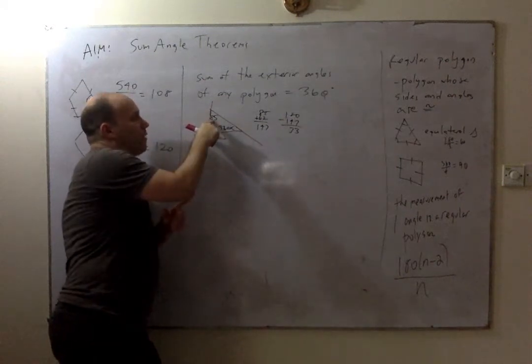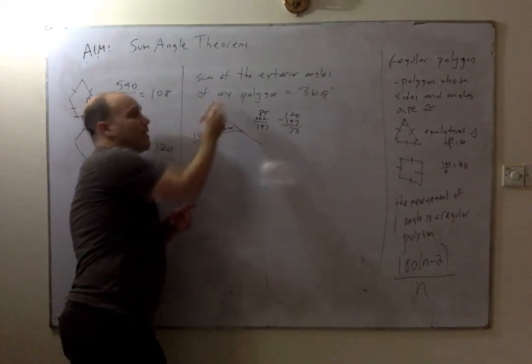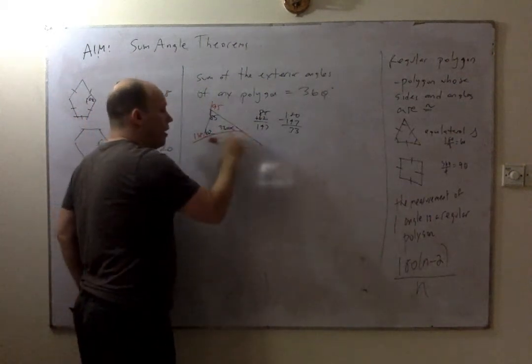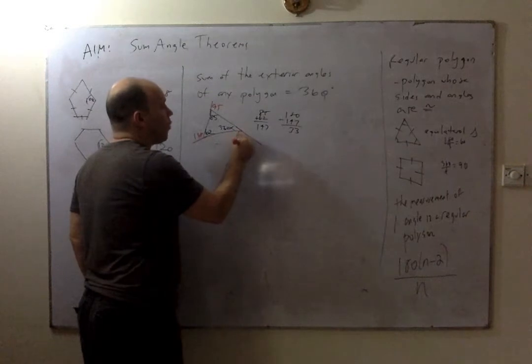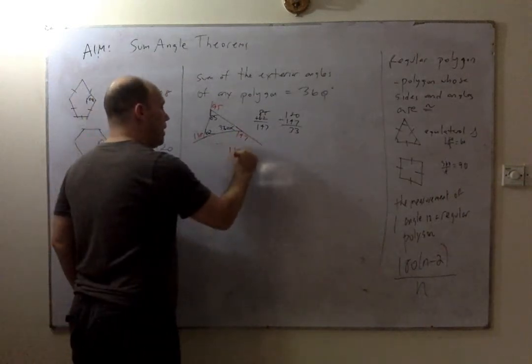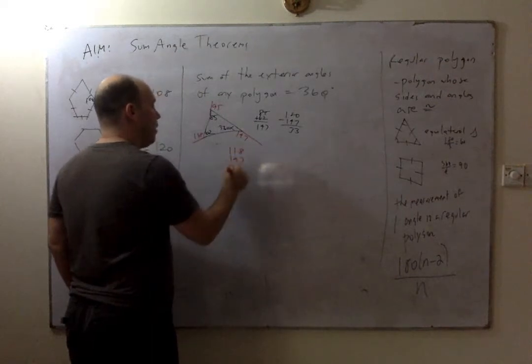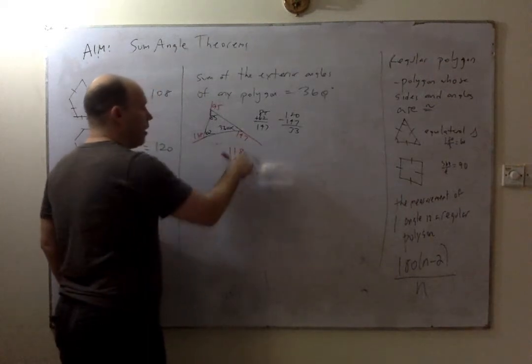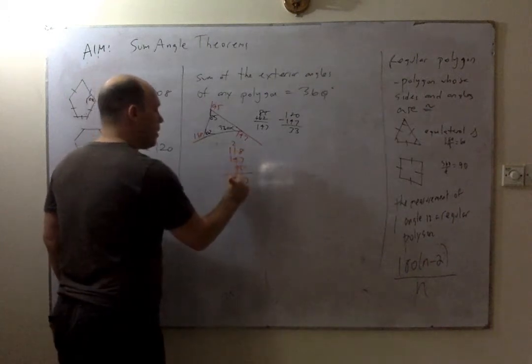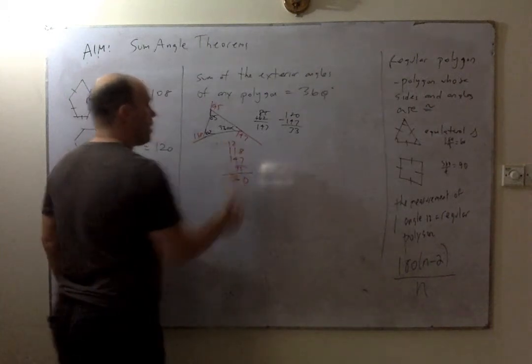If 85 is the interior, its supplement is 95, and if this angle is 33, its supplement is 147. What is the sum of these angles? 118, 147, 95. Let's see, 360.